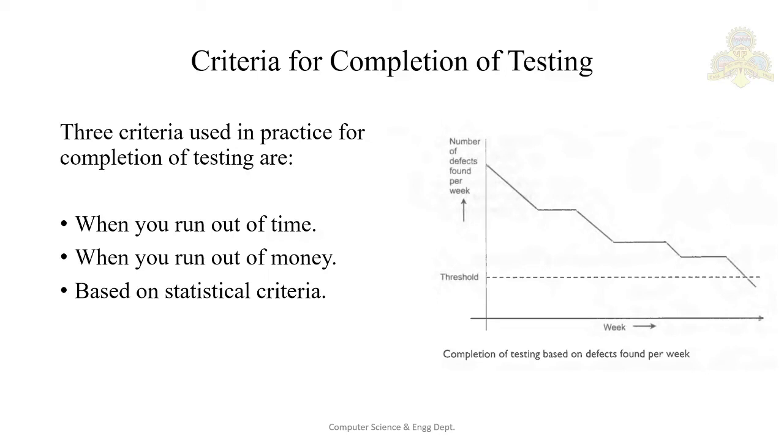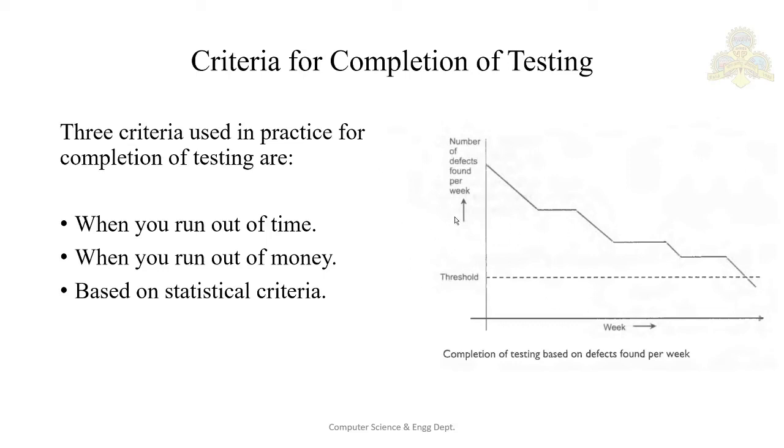After the coding is completed and the testing begins, initially many defects are detected, then slowly the number of defects found will be less, and it keeps on reducing day after day or week after week. It is something like what is shown in the figure, right?